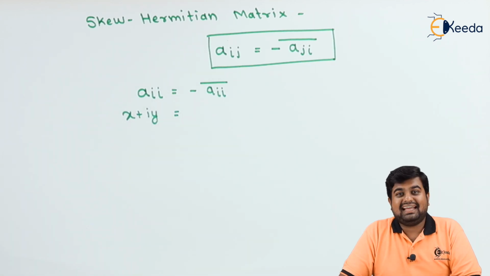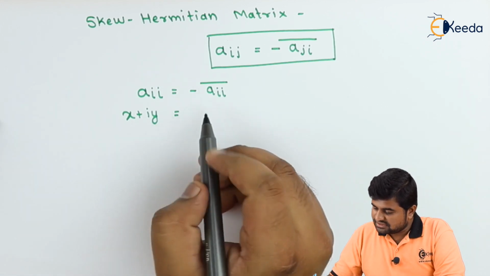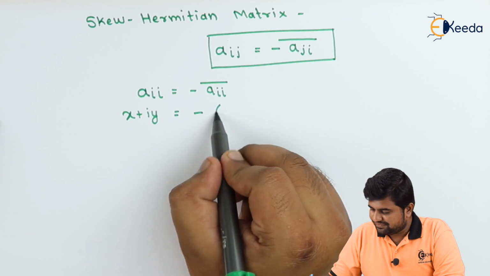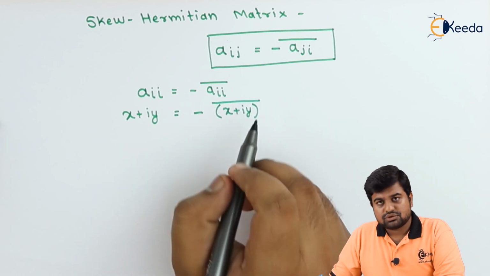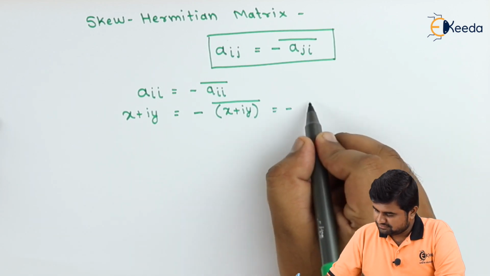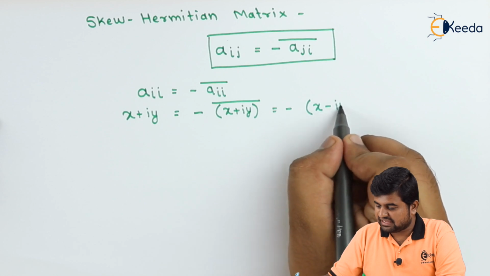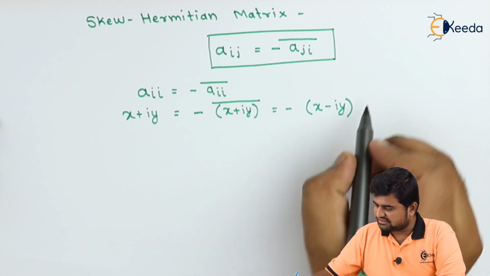Suppose element aii is equal to x plus iy. So this has to be minus of the conjugate of x plus iy. So let us calculate first the conjugate of x plus iy. This is x minus iy. It is nothing but changing the sign of i.